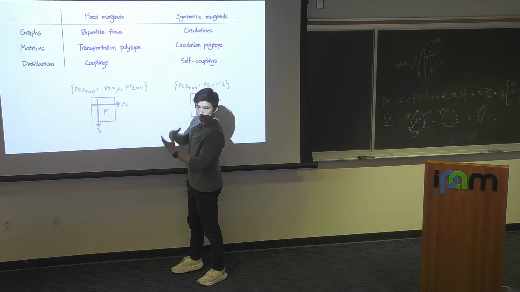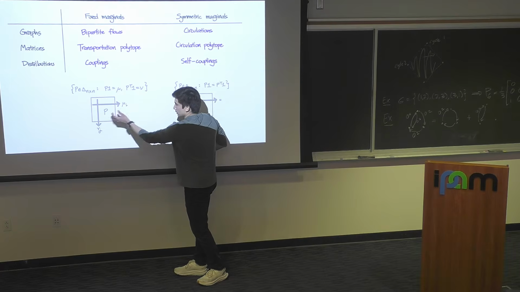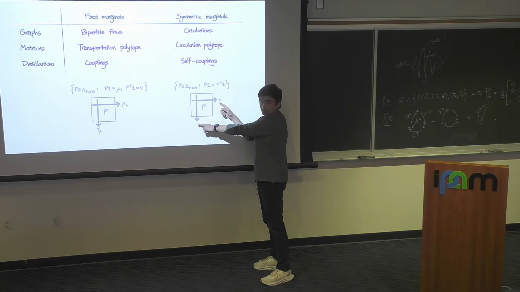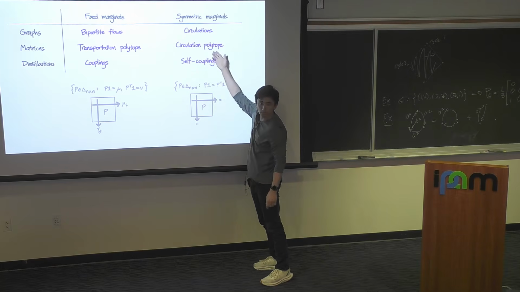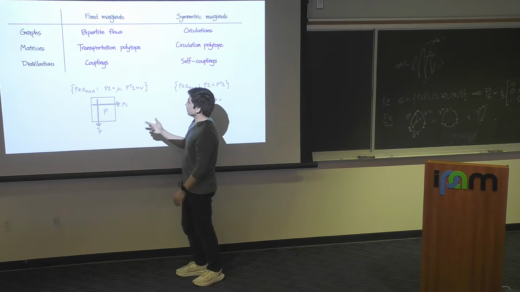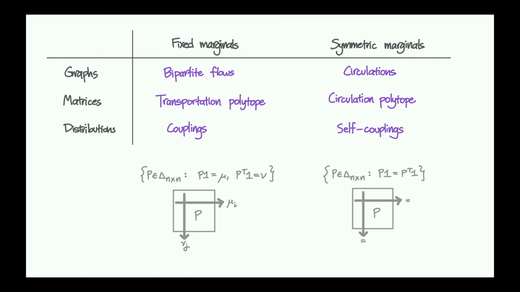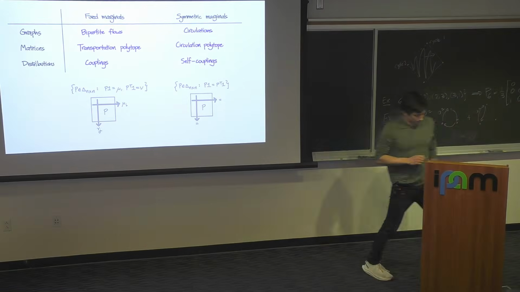When we take the matrix version, it's exactly what's called the transportation polytope, fixed row and column sums, or free row and column sums but just equal, called the circulation polytope. And if you like probability, you can think about these as joint distributions with fixed marginals, something we call couplings. I asked some friends, no one knew. If you have a better word for this, let me know. I'm just going to call this self-couplings. It's coupling with itself.